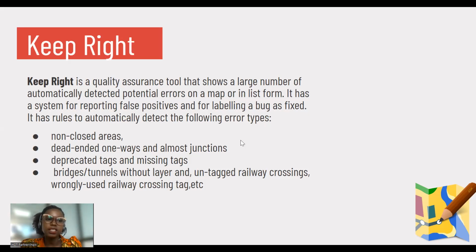Just a recap, these are tags that OSM no longer knows, or they do not exist as tags in OSM. So it also queries bridges and tunnels without layers, untagged railway crossings. I hope we get that, and I can illustrate how to fix that. And then wrongly used railway crossing tags.